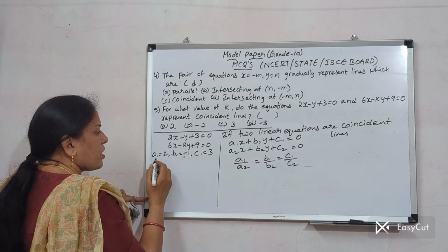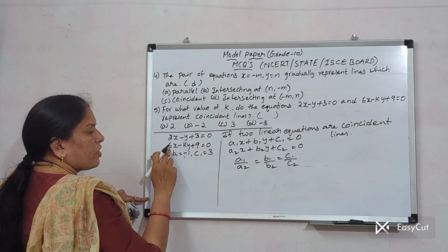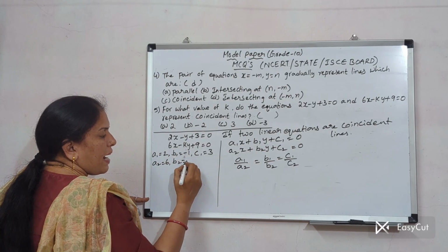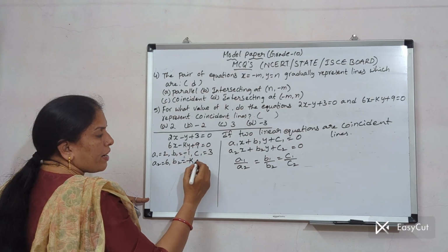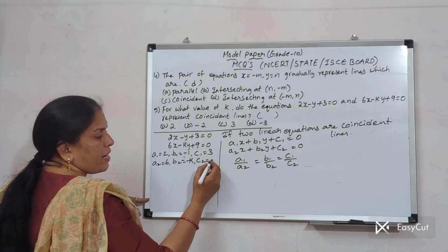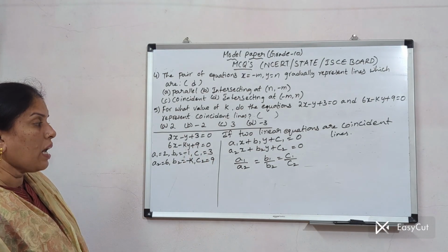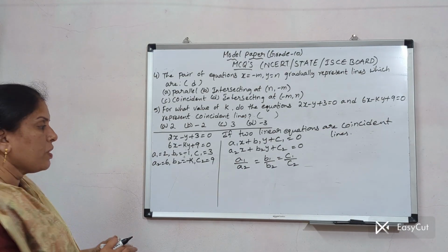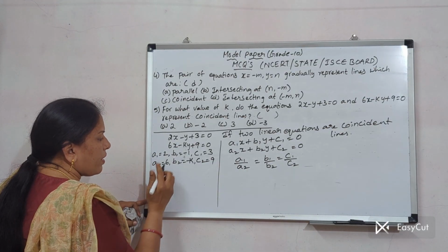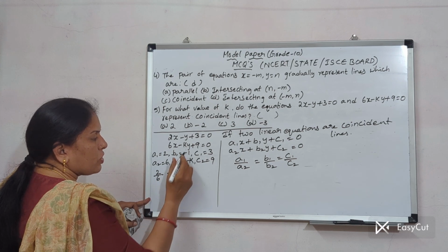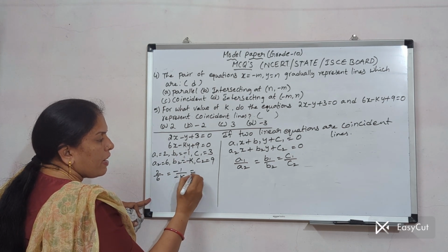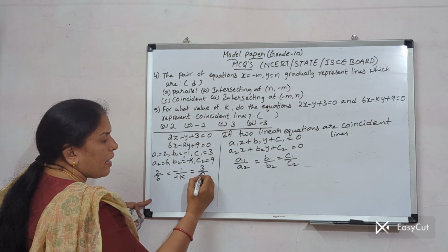Now, in this equation, a2 is equal to the coefficient of x, 6. b2 equal to the coefficient of y, minus k. c2 equal to, what is that constant? 9. Okay. Now, we will apply the ratios. The ratios will be equal. So, I am taking the first one. 2 by 6 equal to minus 1 by minus k equal to 3 by 9.